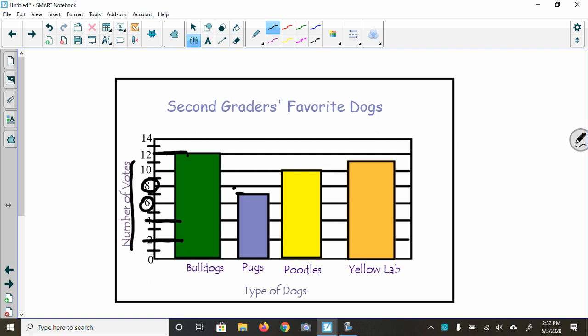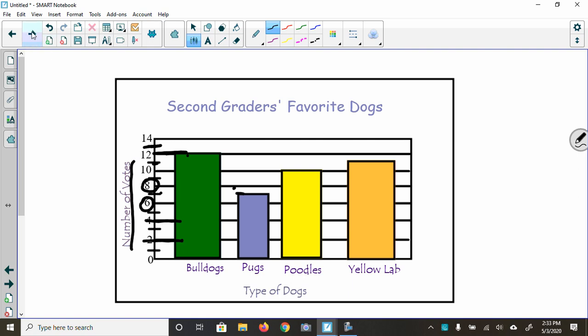Well, boys and girls, what number comes between 6 and 8, or 8 and 6, depending on which way you're going? It would be 7. Very, very good. Poodles has a vote of 10, and yellow labs are between 10 and 12, which means they have 11.